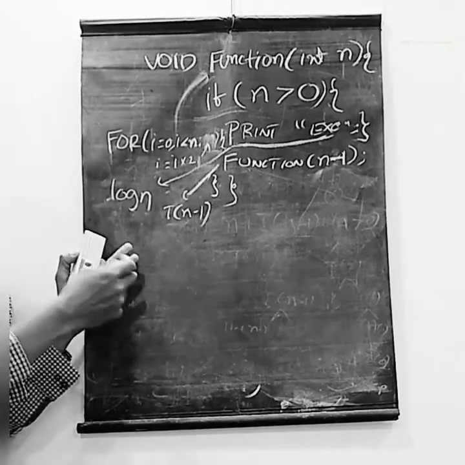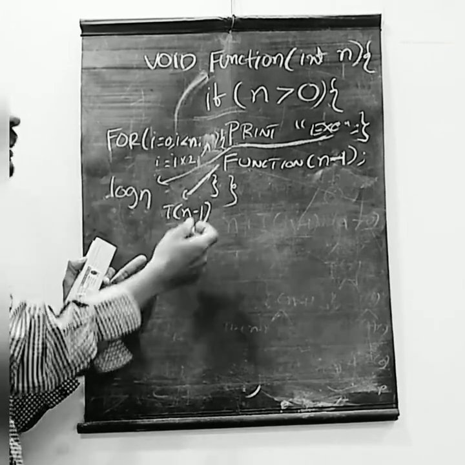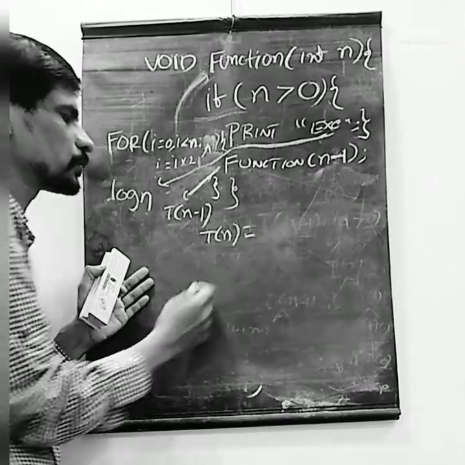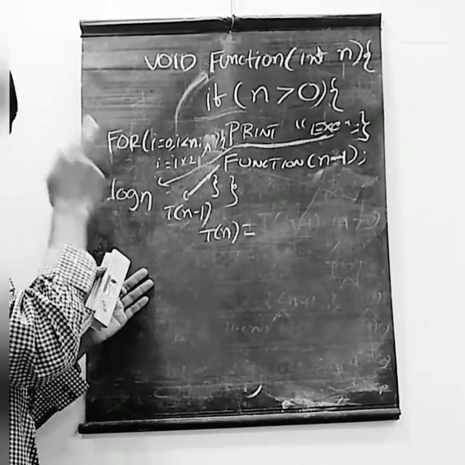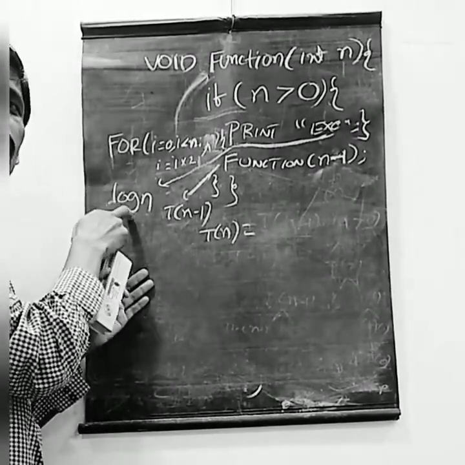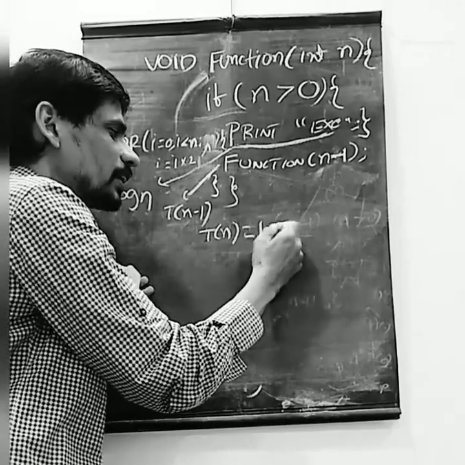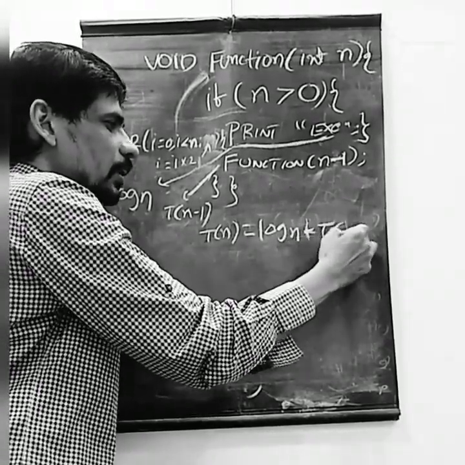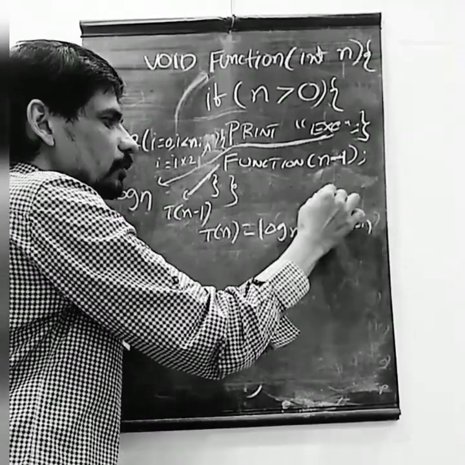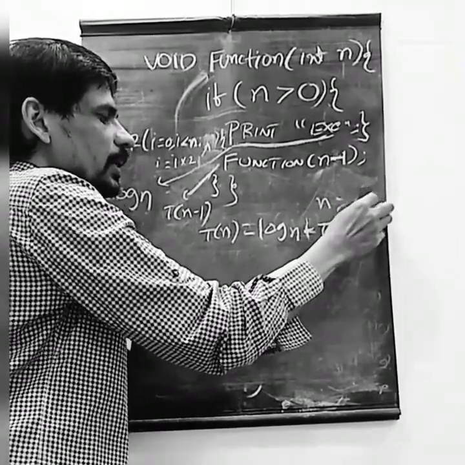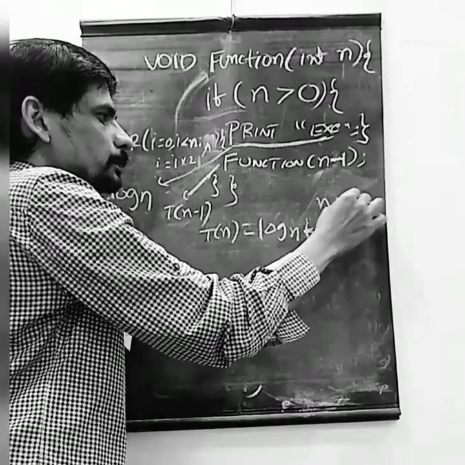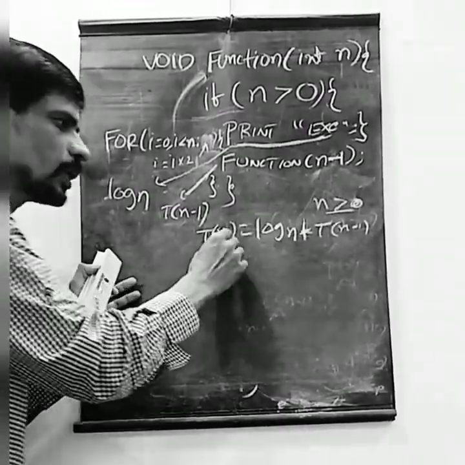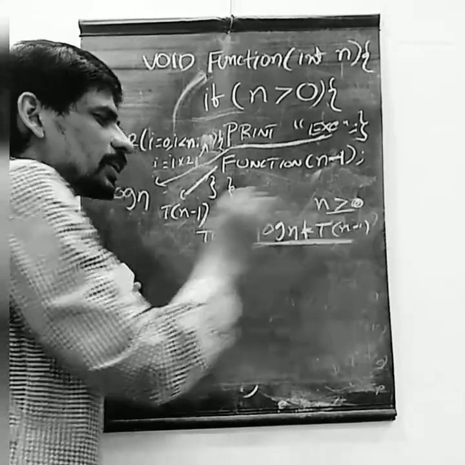So what will be the recurrence relation for this program? It is the same as t of n equals, instead of n, now we got log n, plus t of n minus 1, where n is greater than 0. This is my recurrence relation.